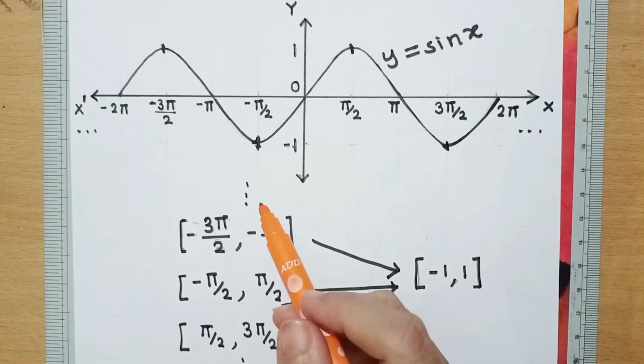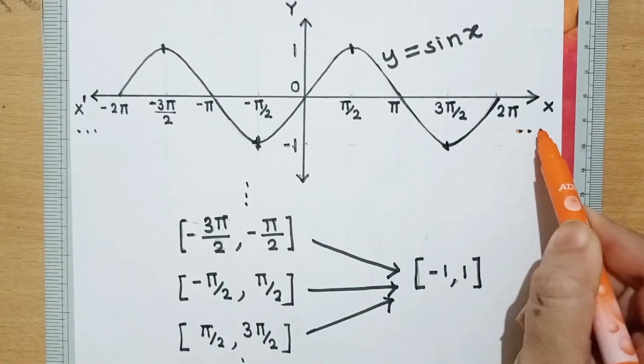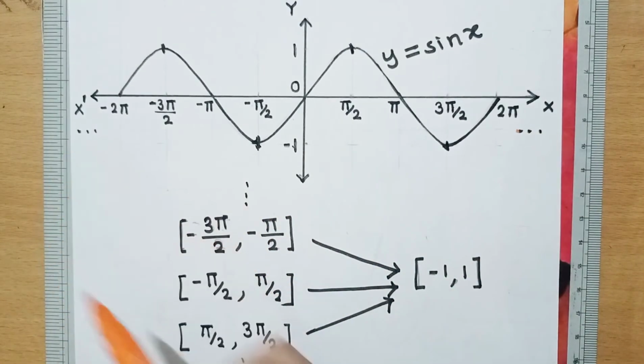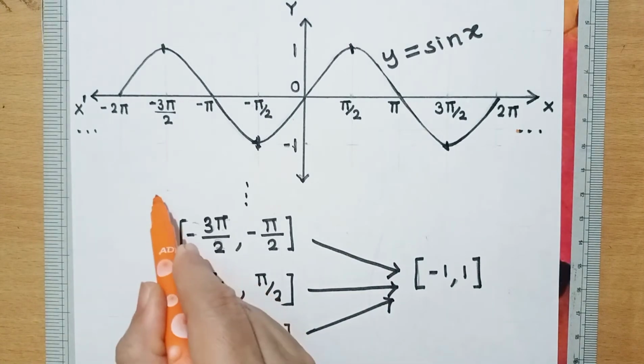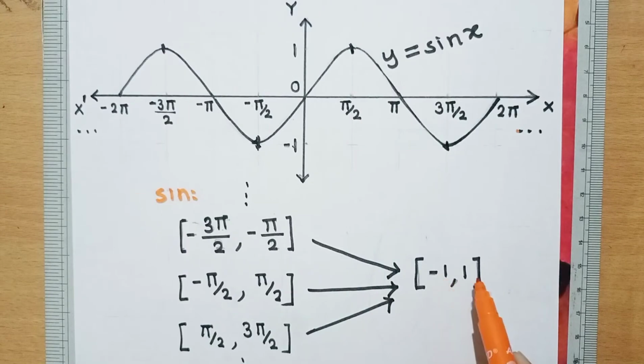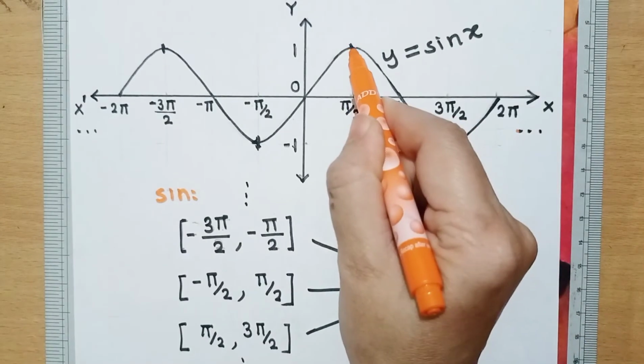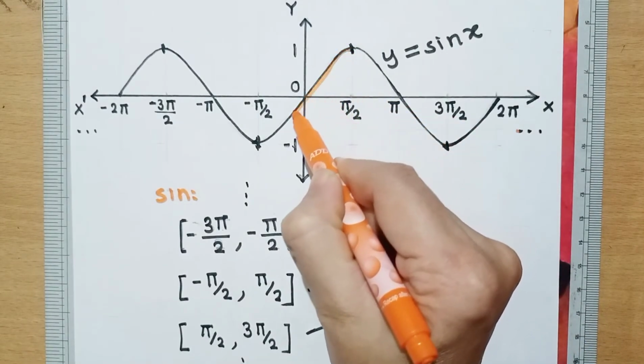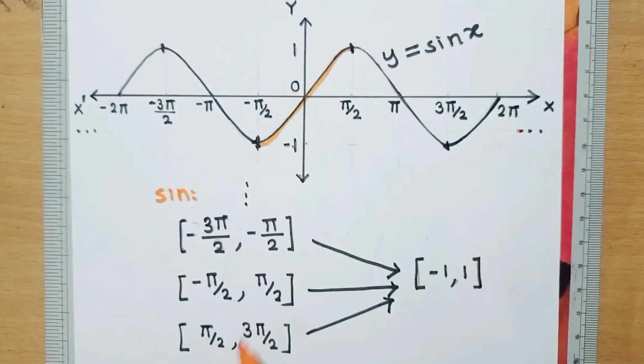So there are infinitely many branches on the right hand side and left hand side of the sine function whose values range from minus 1 to 1, but we will consider this branch as the principal value branch.